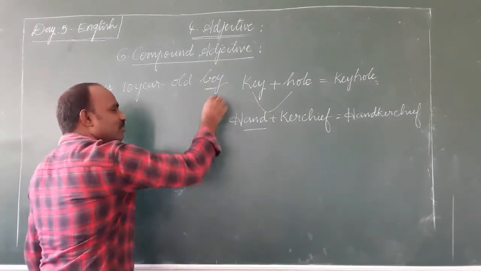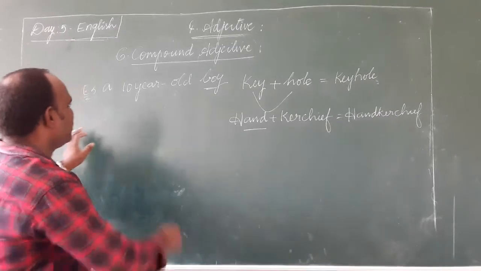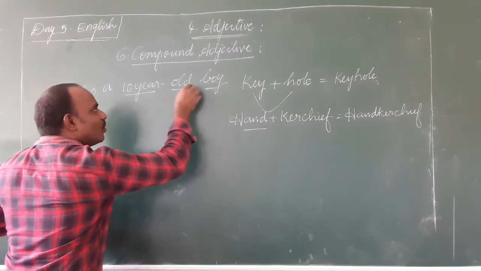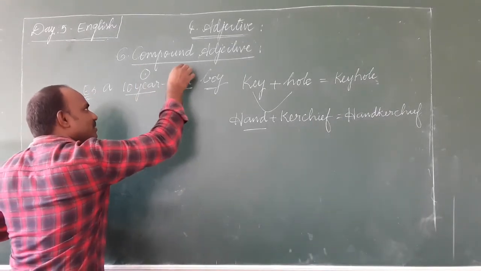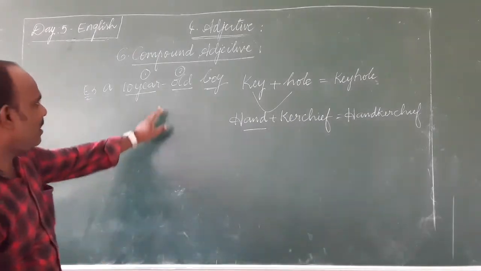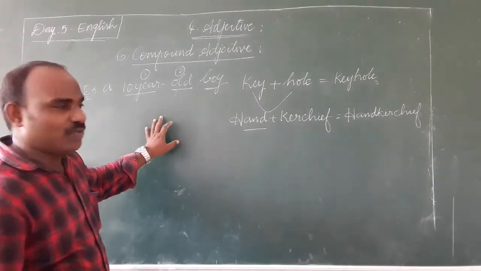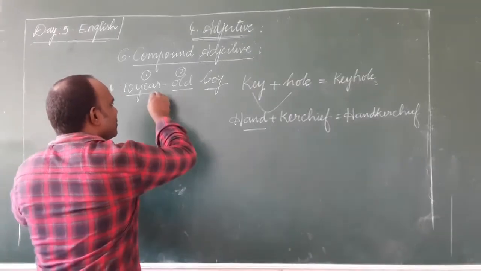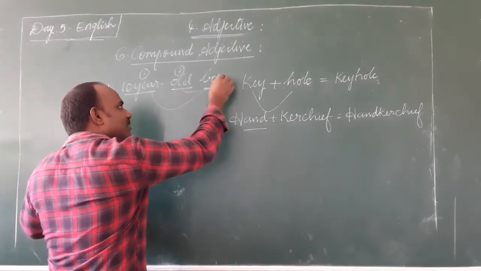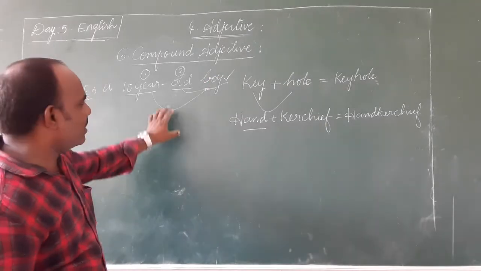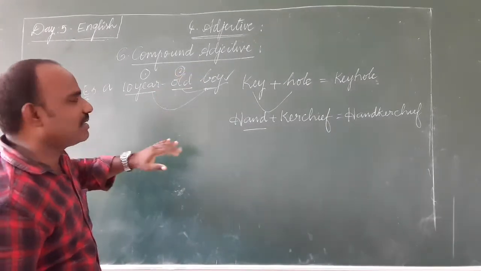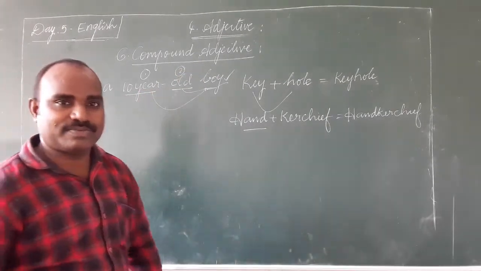Look at this, boy is a common noun here. In this, 10-year-old, different words are hyphenated and function as one word, describing the noun boy. So compound adjectives are always hyphenated.